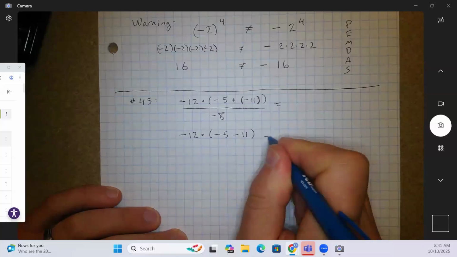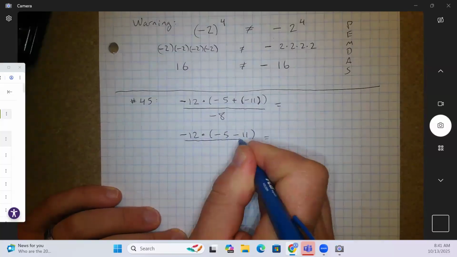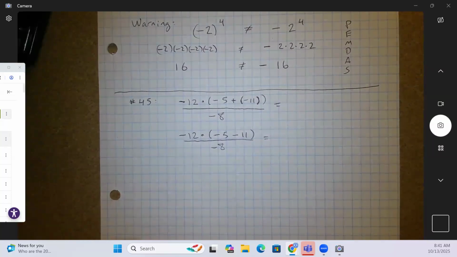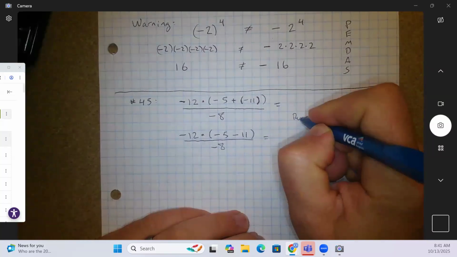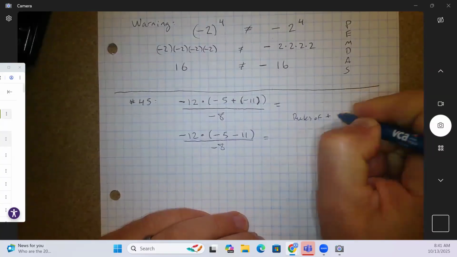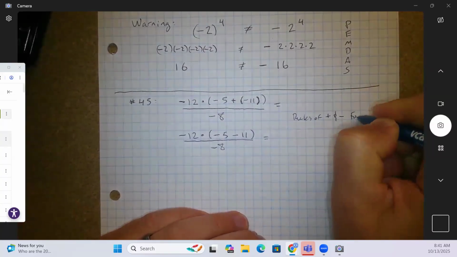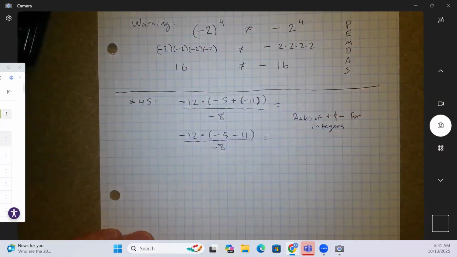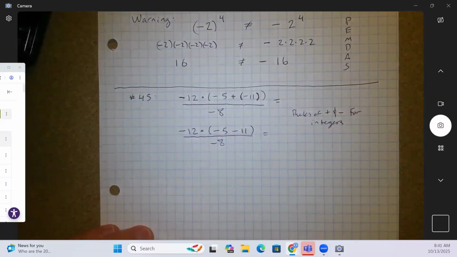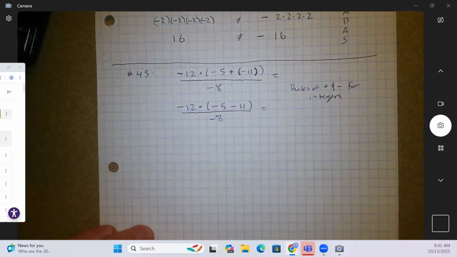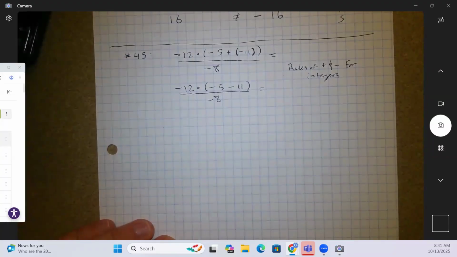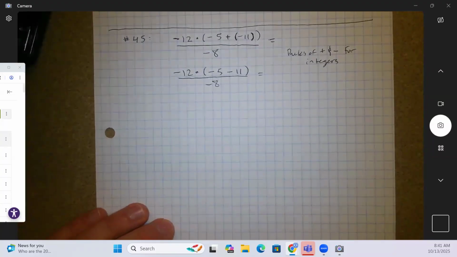Right, that's one of our rules of plus and minus for integers. And the benefit of that is it kind of simplifies what we're looking at. Adding a negative number is like subtracting the positive version of that number.